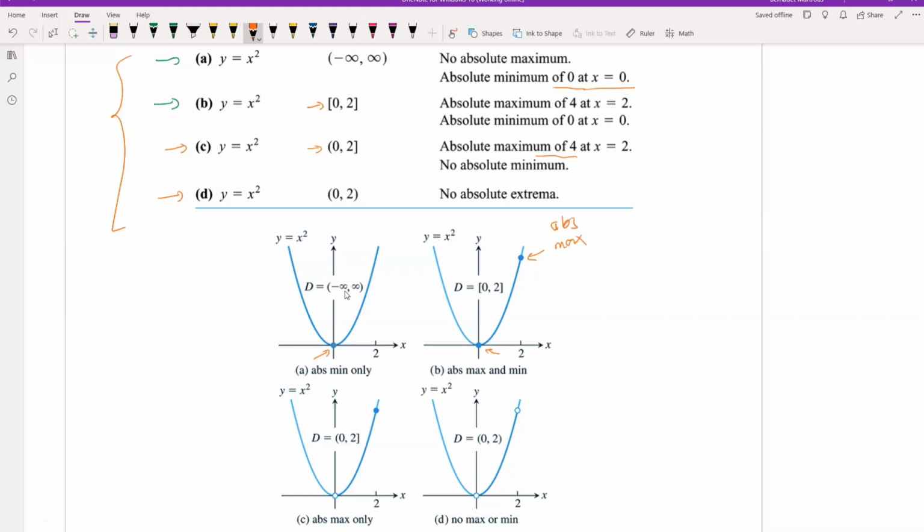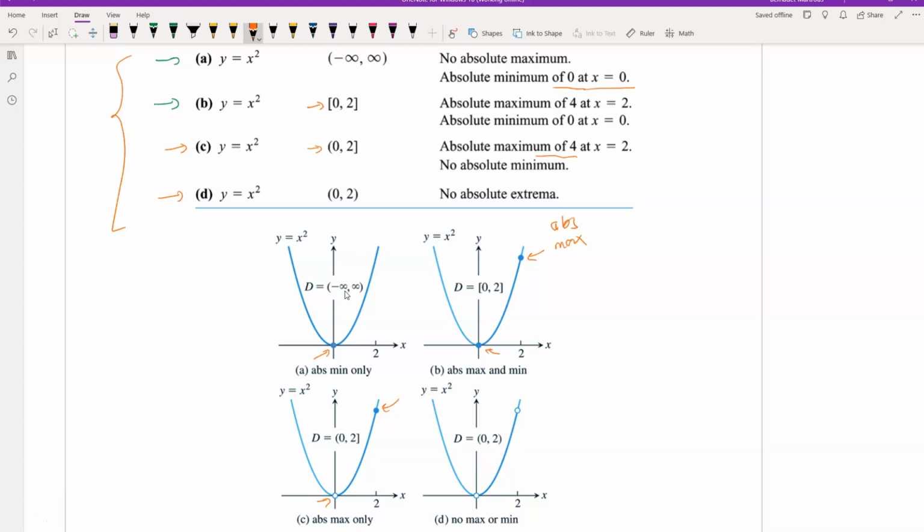And here this point is the absolute minimum, which is 0, when x is equal to 0. And for part C, absolute maximum of 4 at x equal to 2. So it's that point. No absolute minimum, because here that point is an open circle, it's not closed. We cannot say that that is the absolute minimum because it's an open circle.